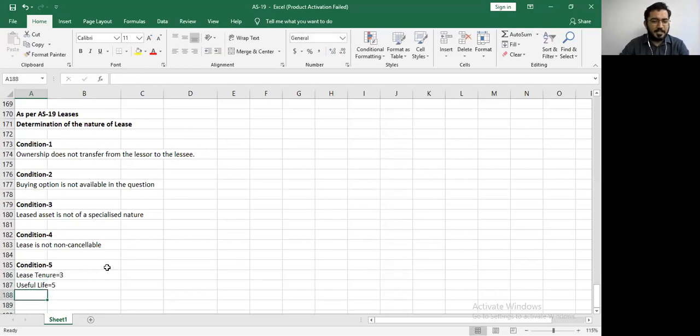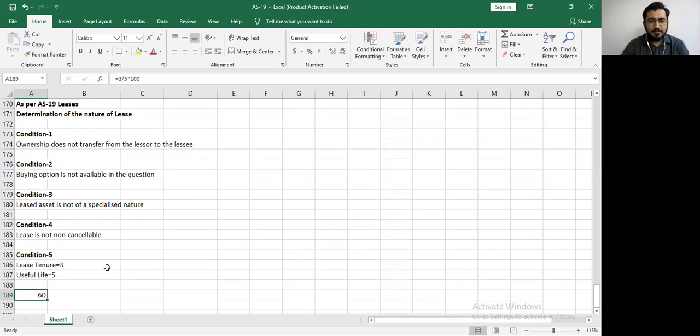In terms of percentage, it is how much? 3 divided by 5 into 100. How much do you get? 60.